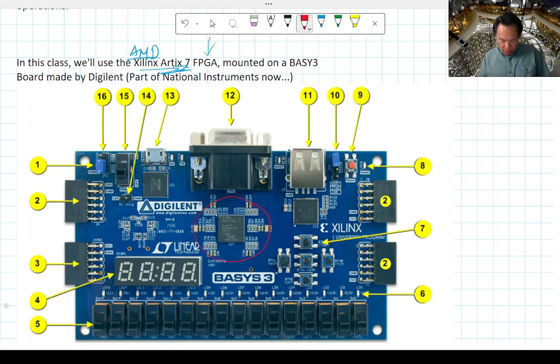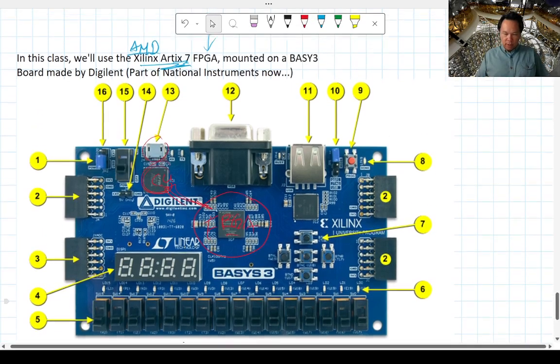And if I remember right, the programmer is usually next to the USB. So this is the control unit, and this is the FPGA. Basically, this chip tells this chip what connections to make.